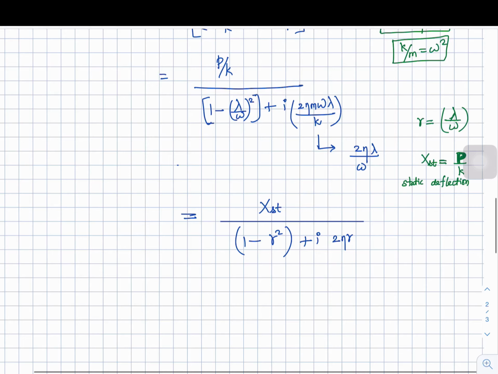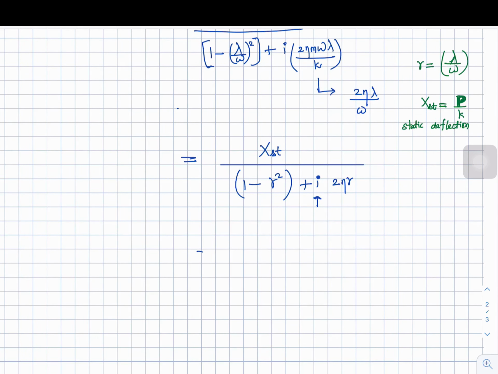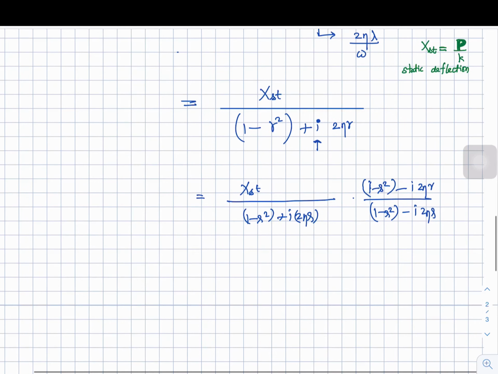So now I want to get rid of this imaginary value at the numerator. So for that I am multiplying with 1 minus r square plus i 2 eta r into 1 minus r square minus i 2 eta r, divided by 1 minus r square minus i 2 eta r.